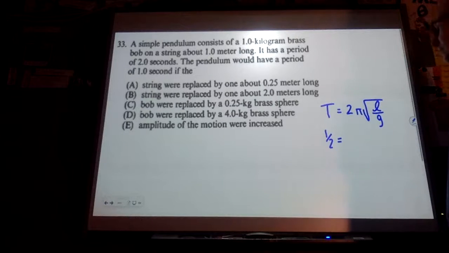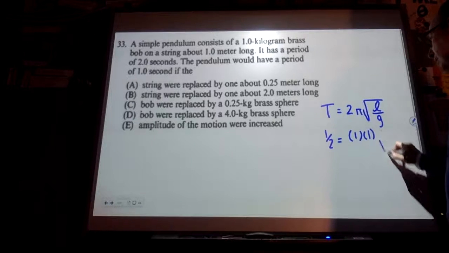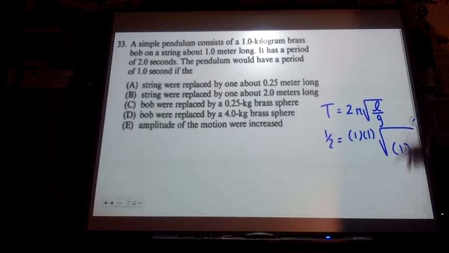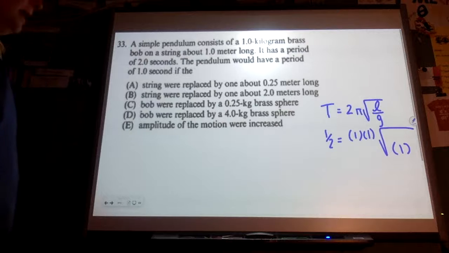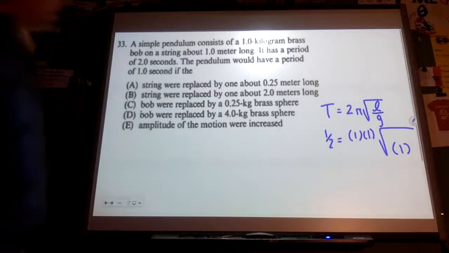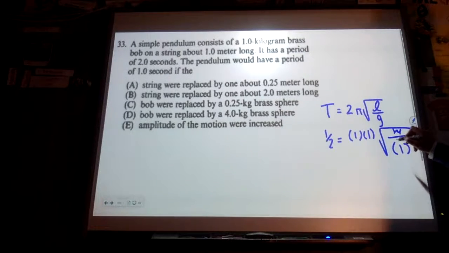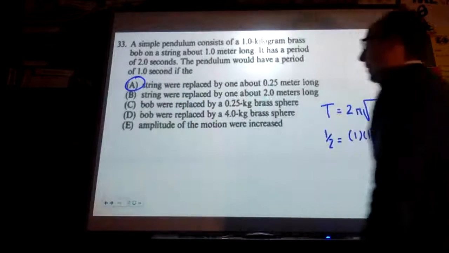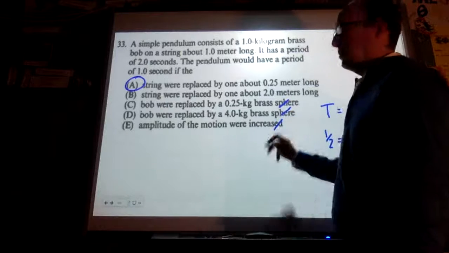I don't have a choice to replace the 2 or the pi or the G. So what would give me a half underneath that radical would be a quarter, right? The length of a quarter would give me a half. And so I would have to make my string go down to 0.25. And again, mass doesn't matter and amplitude doesn't matter.